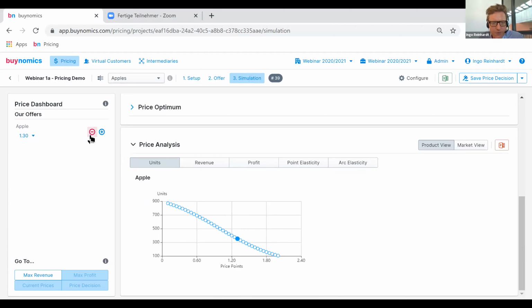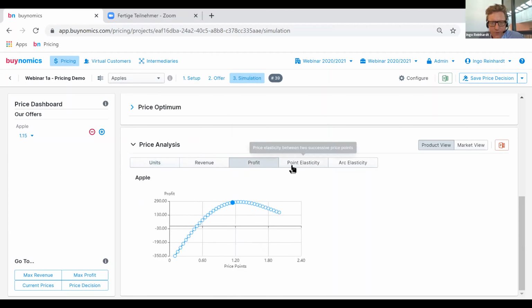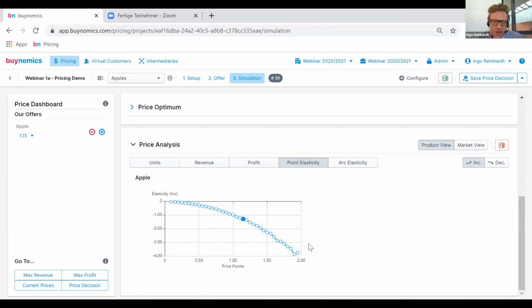And in this case, if we go down with the price, we see that more people are buying the apple, and based on this demand function we can also look at revenue, profit, price elasticity, and so on. When we look at the price elasticity, we already see what I mentioned before, that it's not constant.